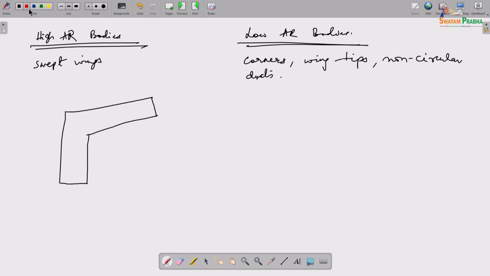Let's just say this is these are my three coordinate system.